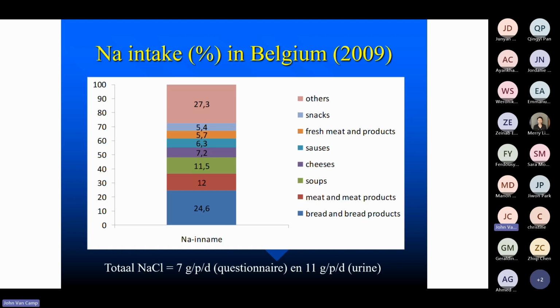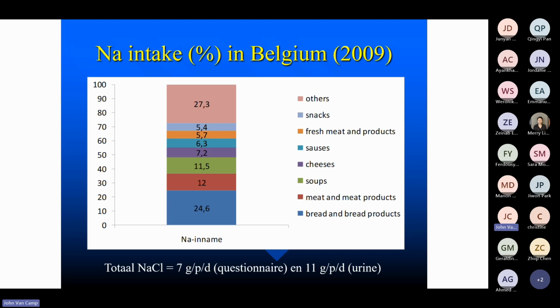In Belgium, we have a problem with sodium intake. I think if you remember your own exercise, you might be able to understand whether you had a problem yourself or not with the intake of salt. So in Belgium in 2009, I think about 14 years ago, the government decided to do something about it.